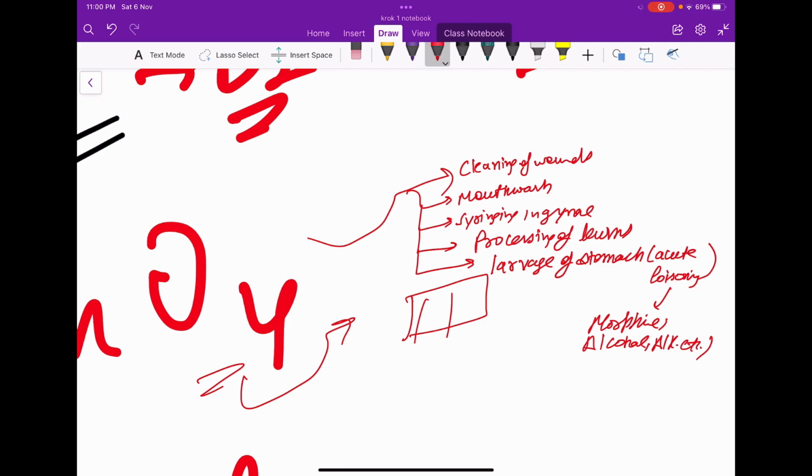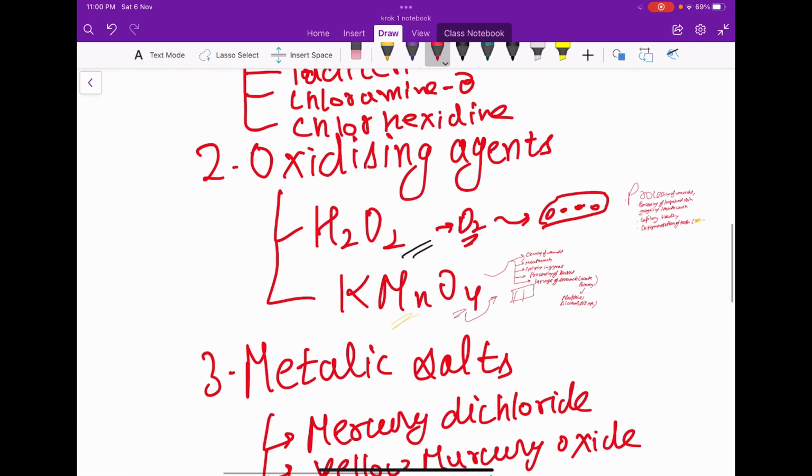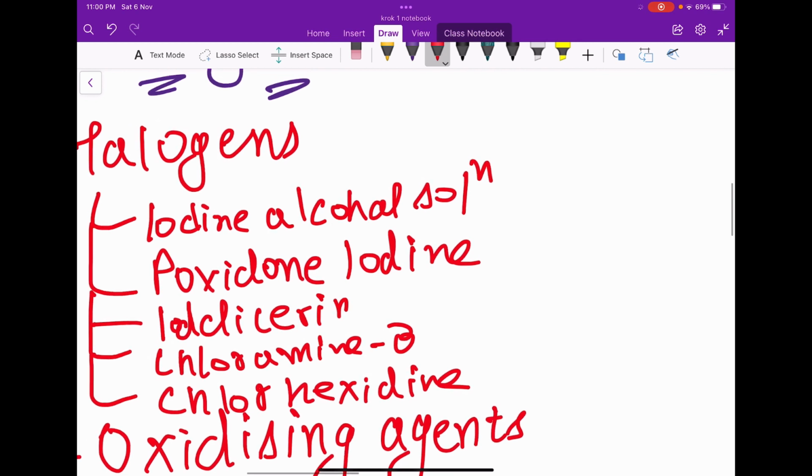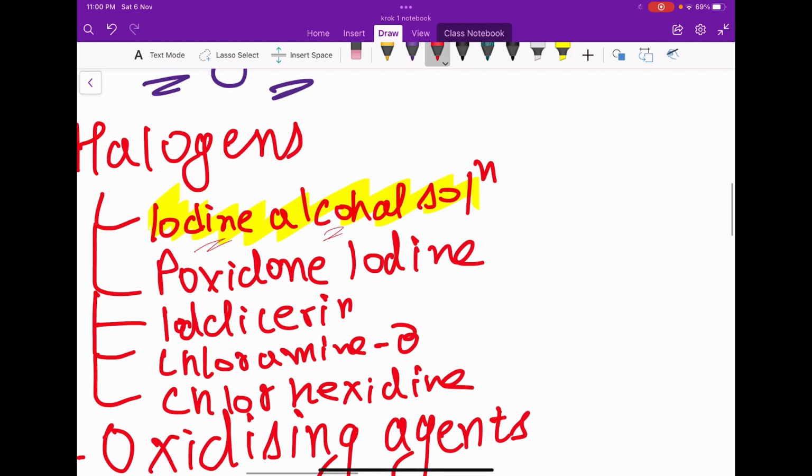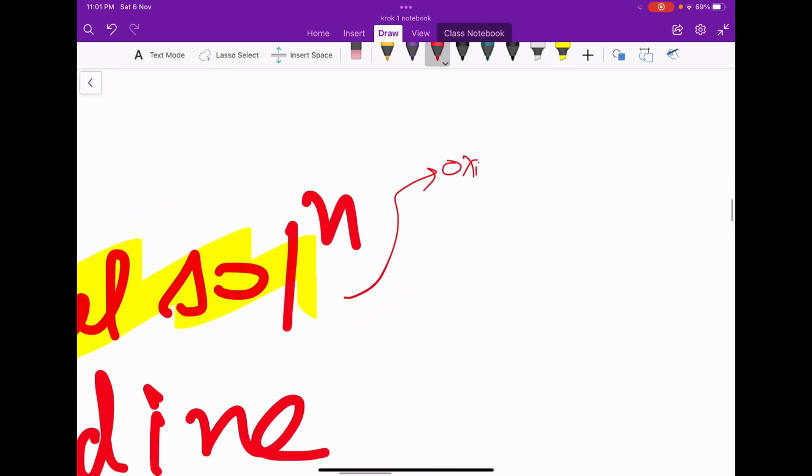Okay guys, thereafter let's move towards our first category, that is the halogens. First and foremost of them is the iodine alcohol solution. What we should know about the iodine alcohol solution, guys, is important here. We must know that it also has oxidizing properties. So it works by oxidizing protein.